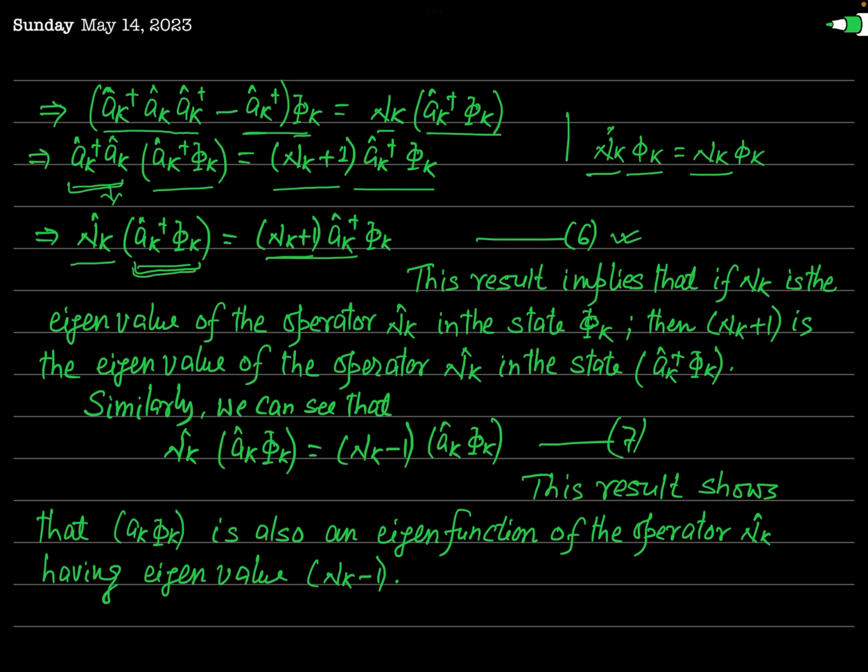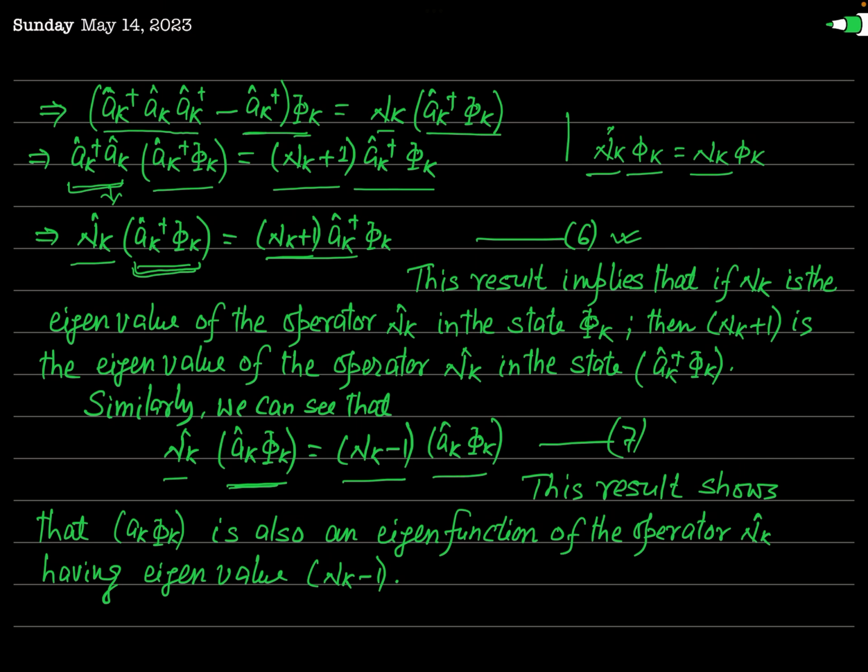In a similar manner, if you consider that ak phi k is an eigenfunction of the operator nk hat, then working out the algebra, the eigenvalue equation becomes nk hat operated on ak phi k equal to (nk minus 1) ak phi k.